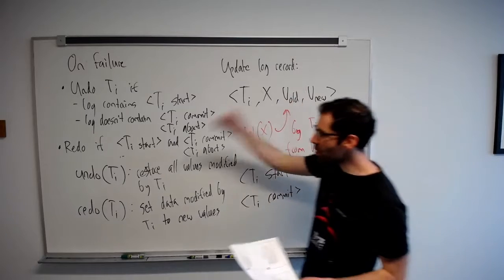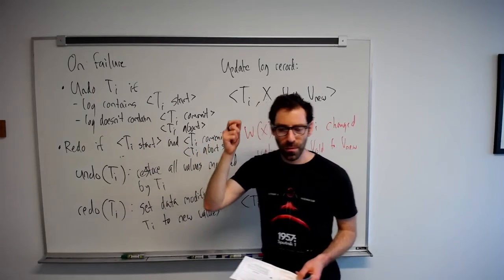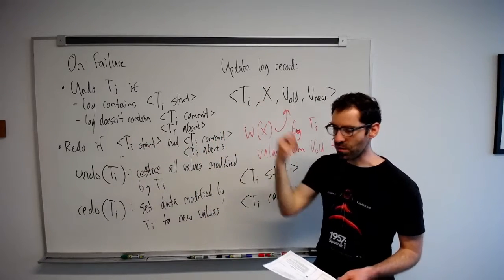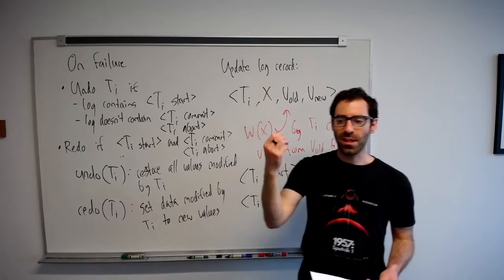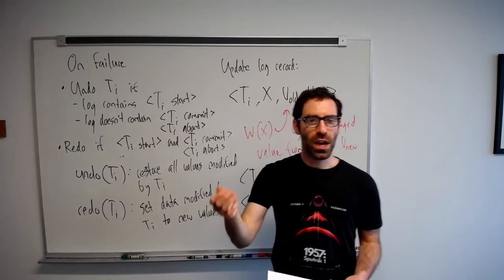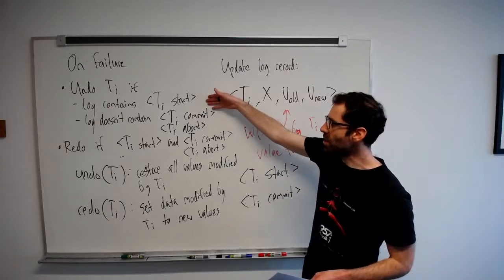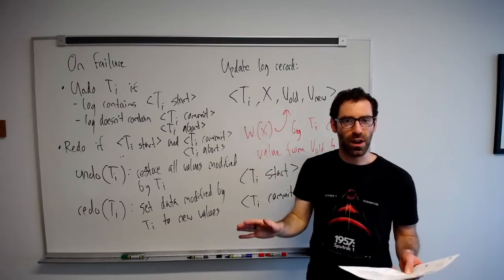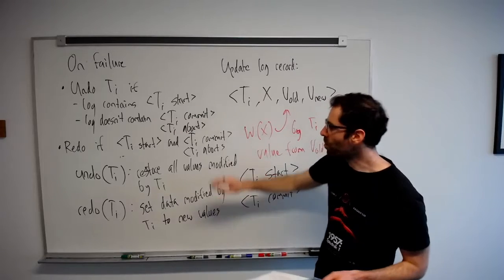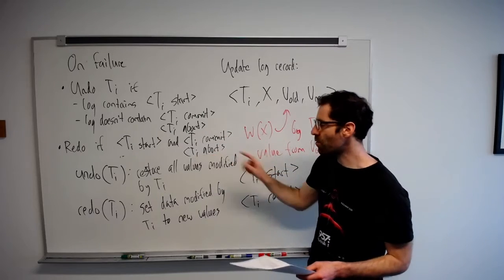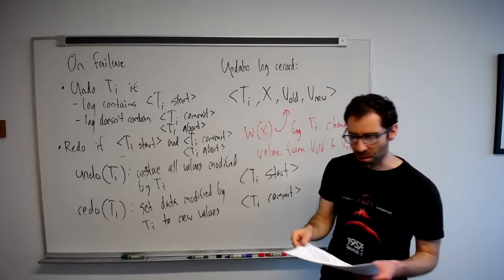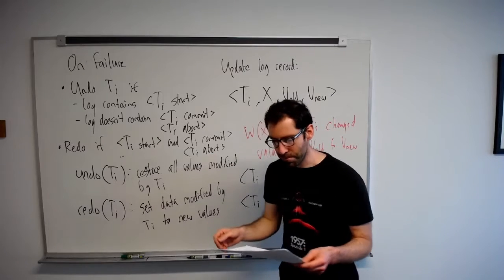But if we just redo everything to restore the database to the state it was at the point of the crash, and then undo the things that didn't complete, that's going to greatly simplify our recovery algorithm. So it's a potential optimization to be clever about aborted transactions, but we're going to go the simple route for now.